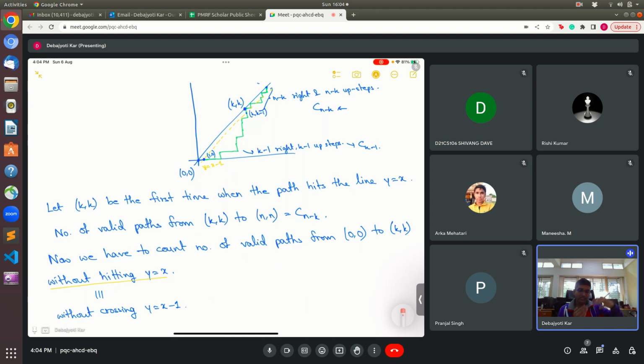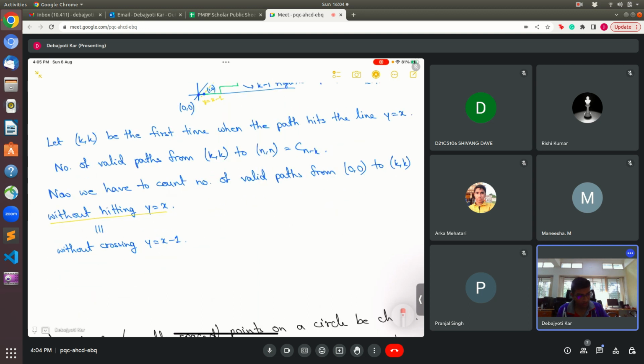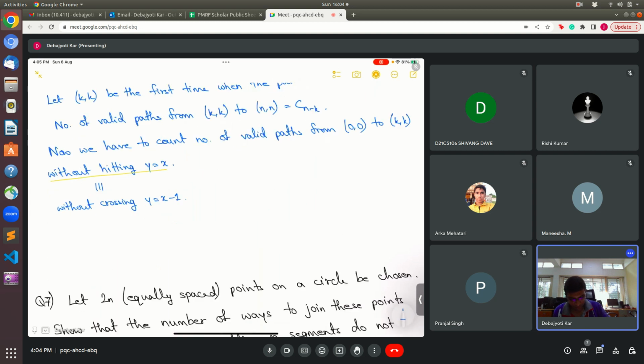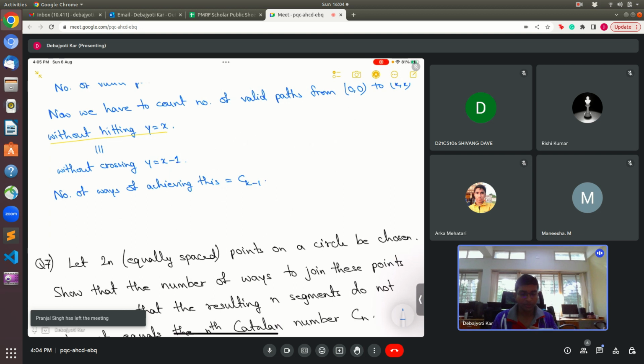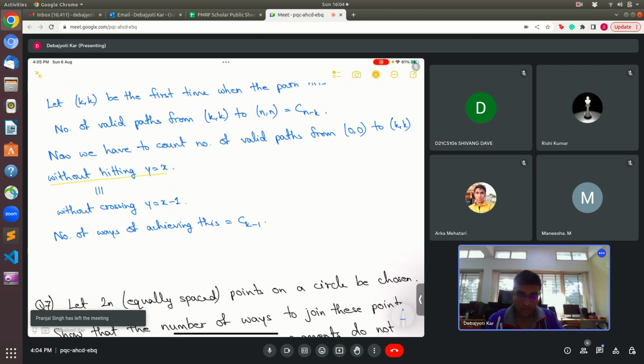Then it is exactly the number of ways of taking k minus 1 right steps and k minus 1 up steps without crossing this line of slope 1, and that is exactly the k minus 1th Catalan number, C_{k-1}.